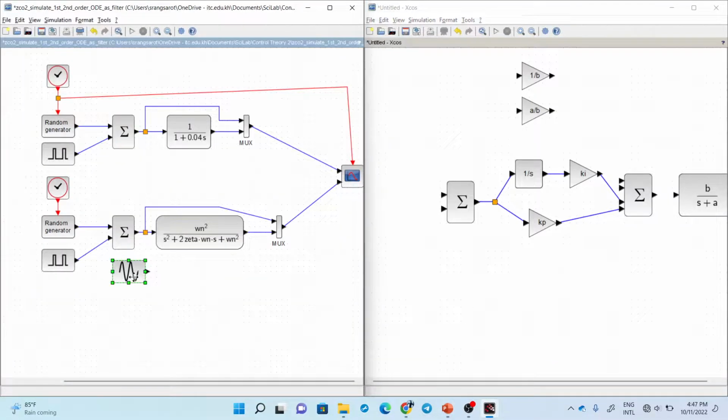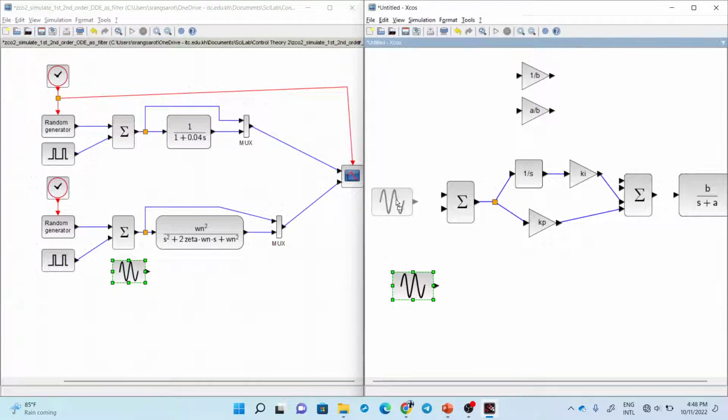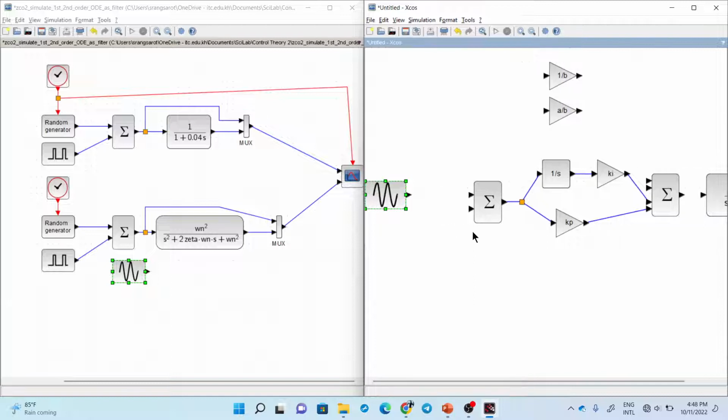This one, let's say this one is omega d dot, and then I need integrator.